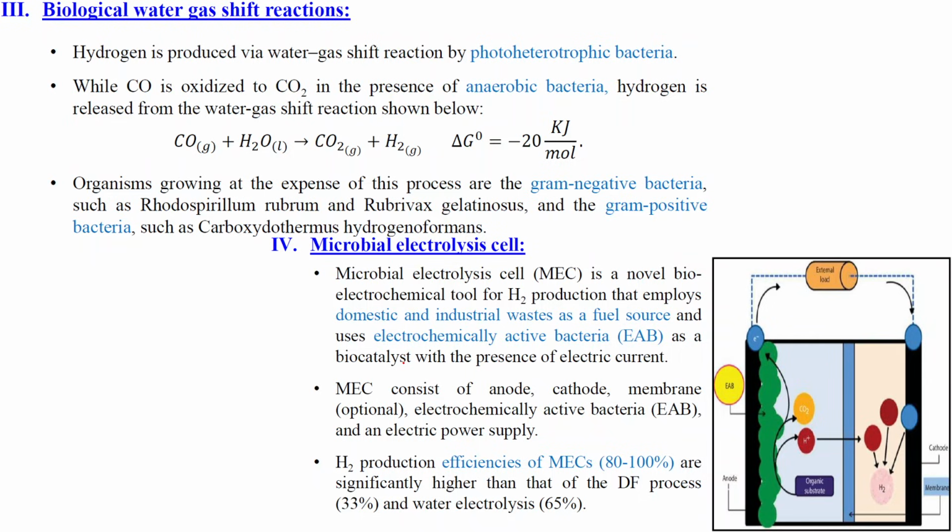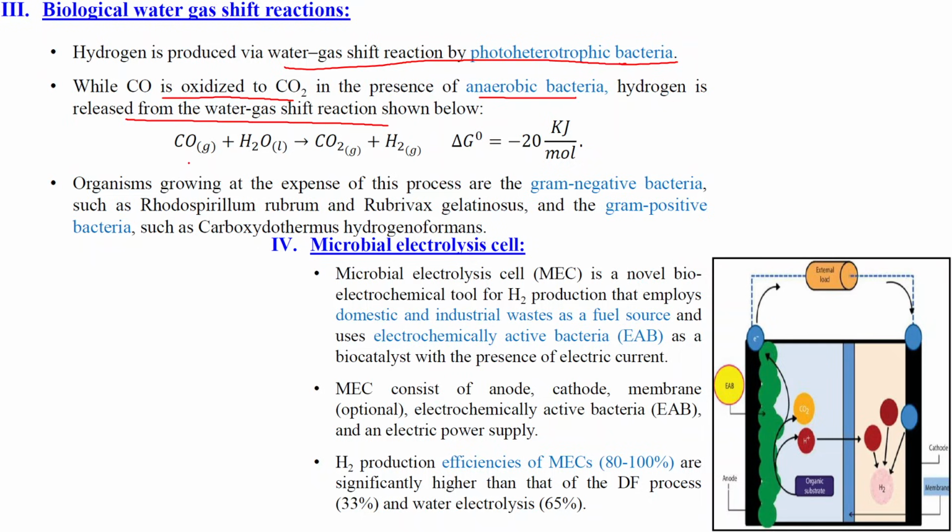Then another is the biological water gas shift reaction. Hydrogen is produced via the water gas shift reaction by photoheterotrophic bacteria. Carbon monoxide is oxidized to carbon dioxide in the presence of anaerobic bacteria, and hydrogen is released from the water gas shift reaction.